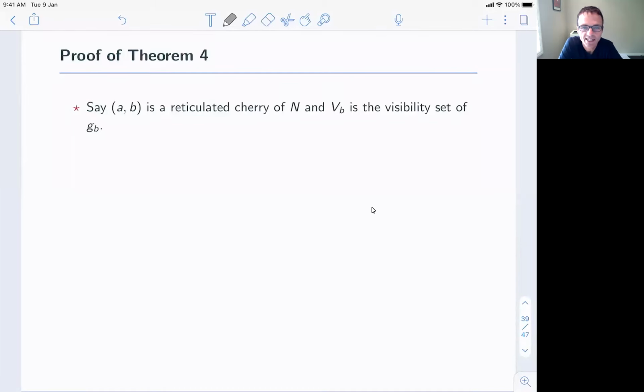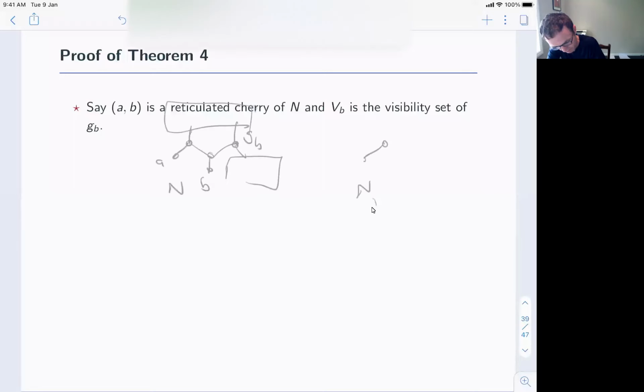Suppose now that AB is a reticulated cherry of N and VB is the visibility set of GB. So here's N. If I look at N1, let's call the parent of A there P1A, P1B.